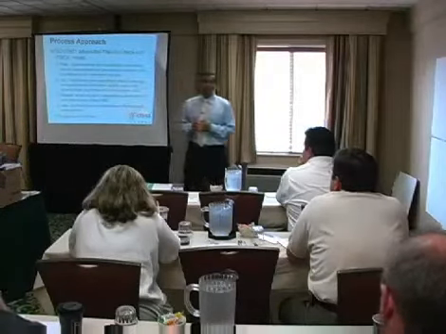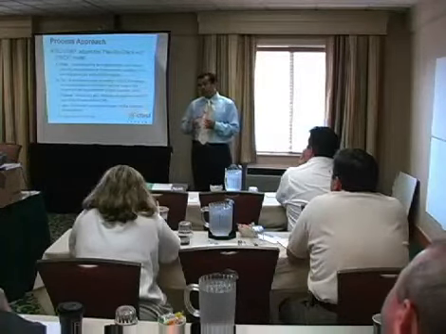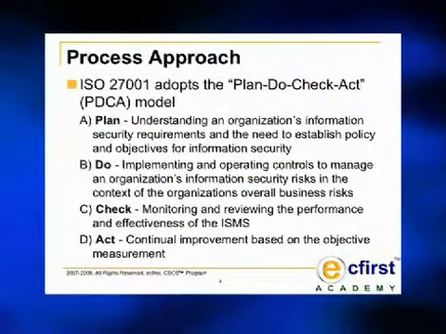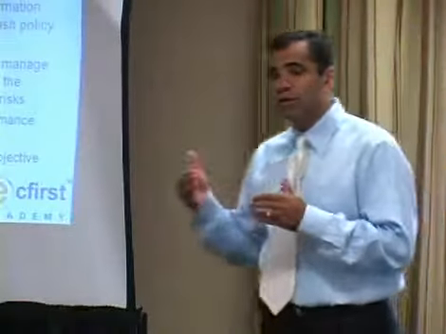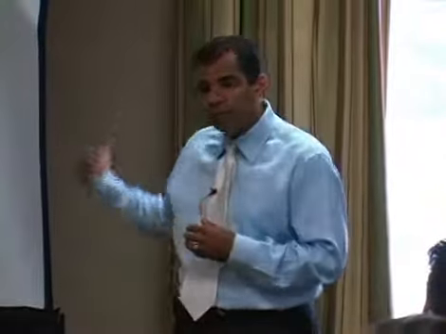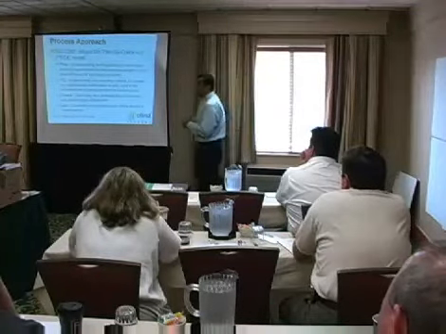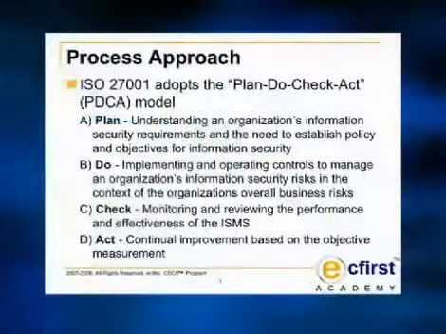It all comes down to, when you look at the 27001 standard, the plan, do, check, act model. And we'll be looking at that model closely because this is something that you could adapt. You don't need to follow every piece of this, but there might be elements of this that you think might be valuable for your organization. Plan: understanding an organization's security requirements. Every business is different.